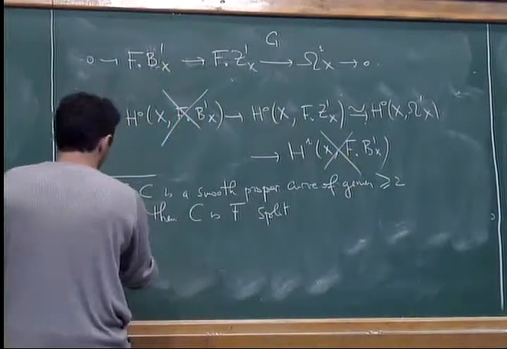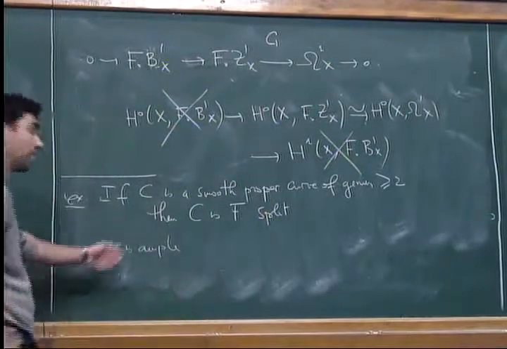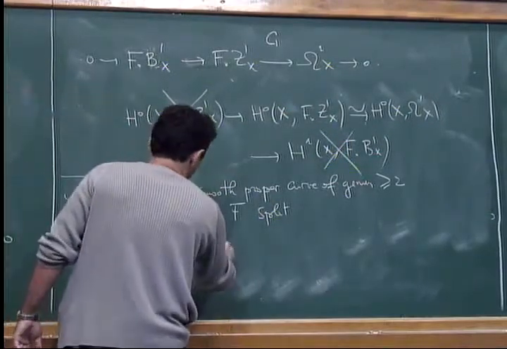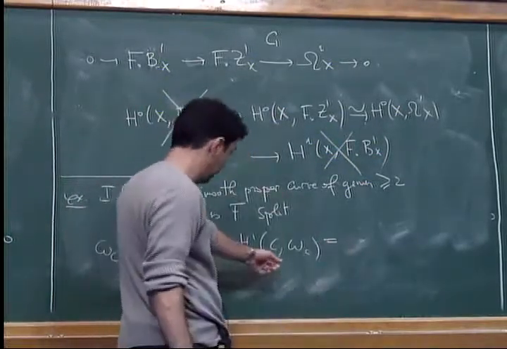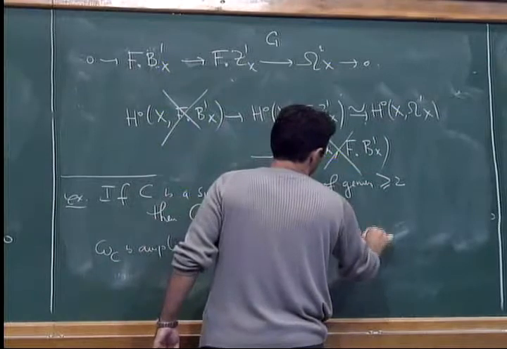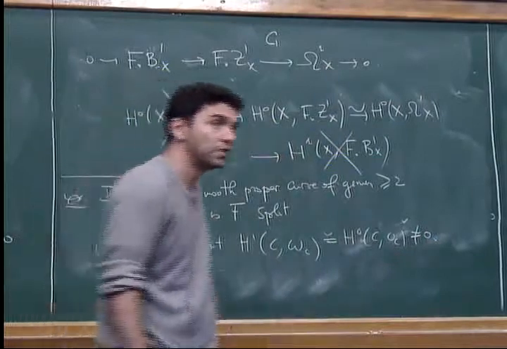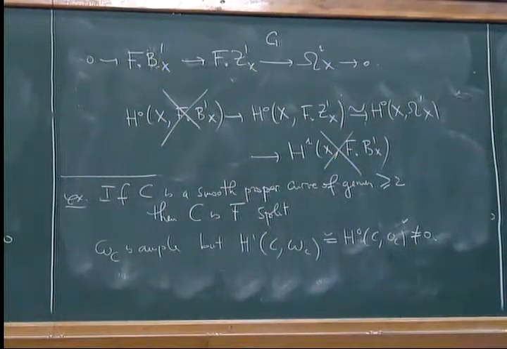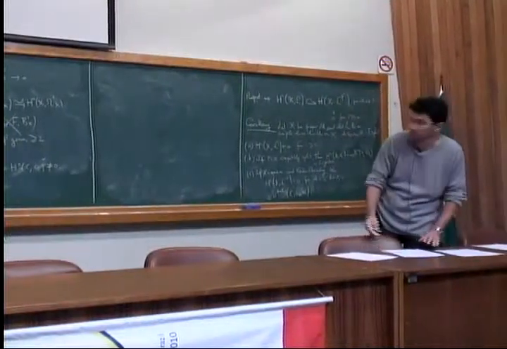Indeed, in that case the canonical class is ample, but if C were split, the H^1 would be 0 by the theorem, but the H^1 by duality is non-zero. You can do the same with hypersurfaces of degree more than n plus 2 in P^n. No, n plus 2. This is the same argument.